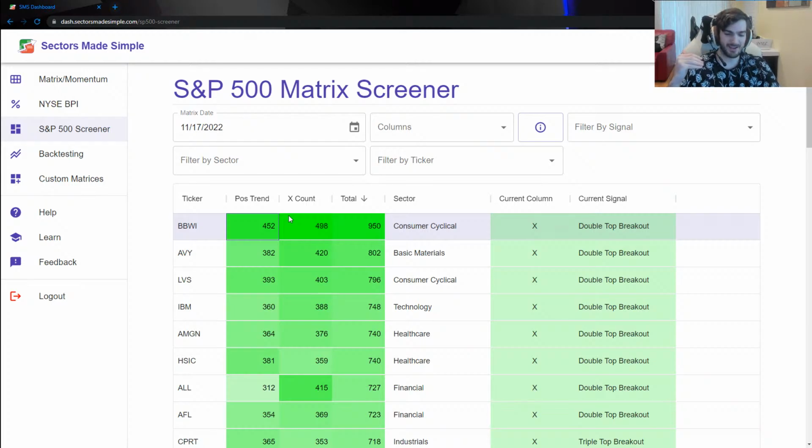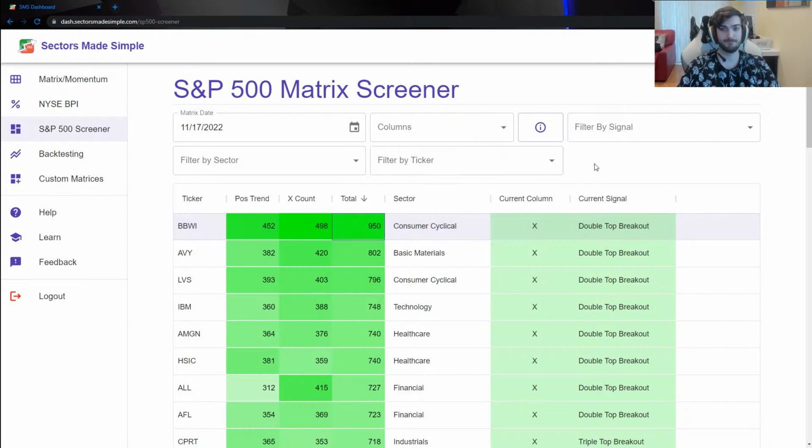But there is not a rule to say short-term is exactly this long to that long, or that long to that long. And we don't want to tell you it is this. It's not right. So instead, we do use the point and figure terms. X count, so columns of X's or O's, and then instead of buy or sell signals, we list positive and negative trend. Now, again, all of these numbers are out of 499 for positive trend, 499 for X count, and 998 for total.